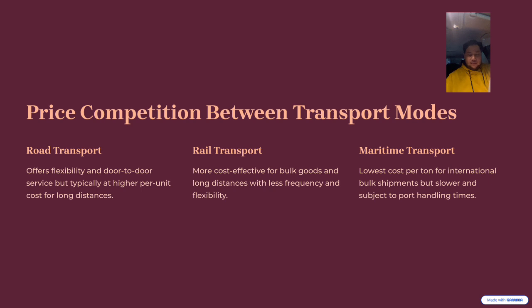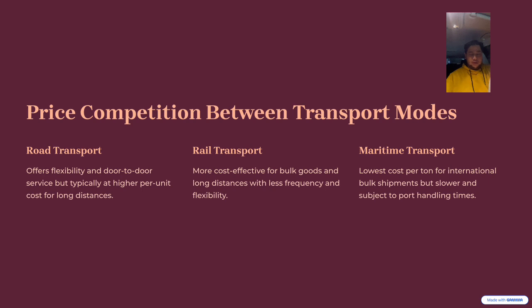So for slide 7, price competition between transport modes. They have 3 types of transport mode: road, rail, and maritime transport, especially sea transport. Road transport offers flexibility and door-to-door service, but typically has a higher per unit cost for long distances.